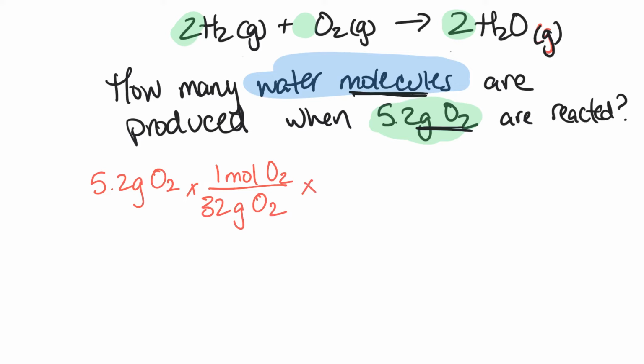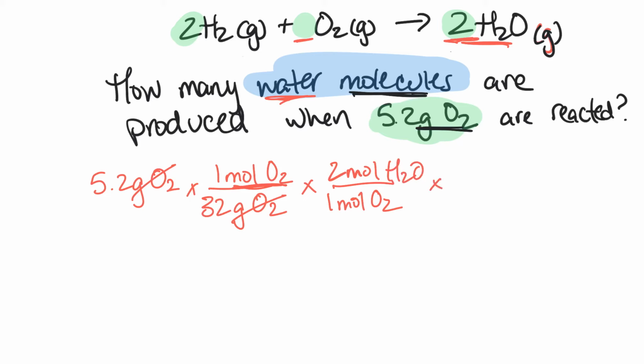All right. So now that we converted to moles, we can convert from moles of O2 to moles of H2O because that's what we're trying to get. So we know that every 1 mole of O2 gives us 2 moles of H2O. All right, but we're not done yet because we're trying to figure out how many water molecules.